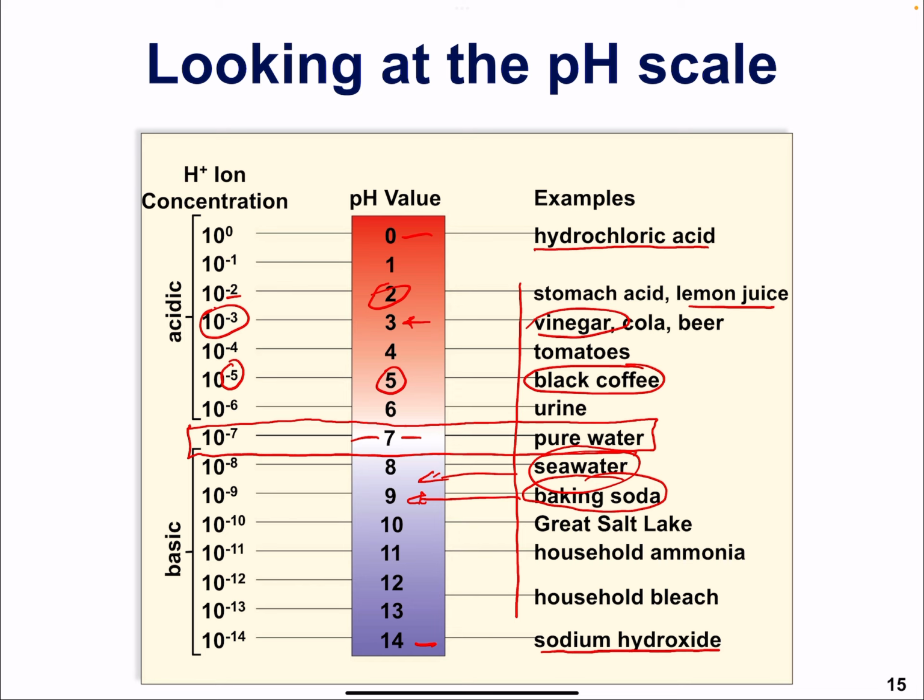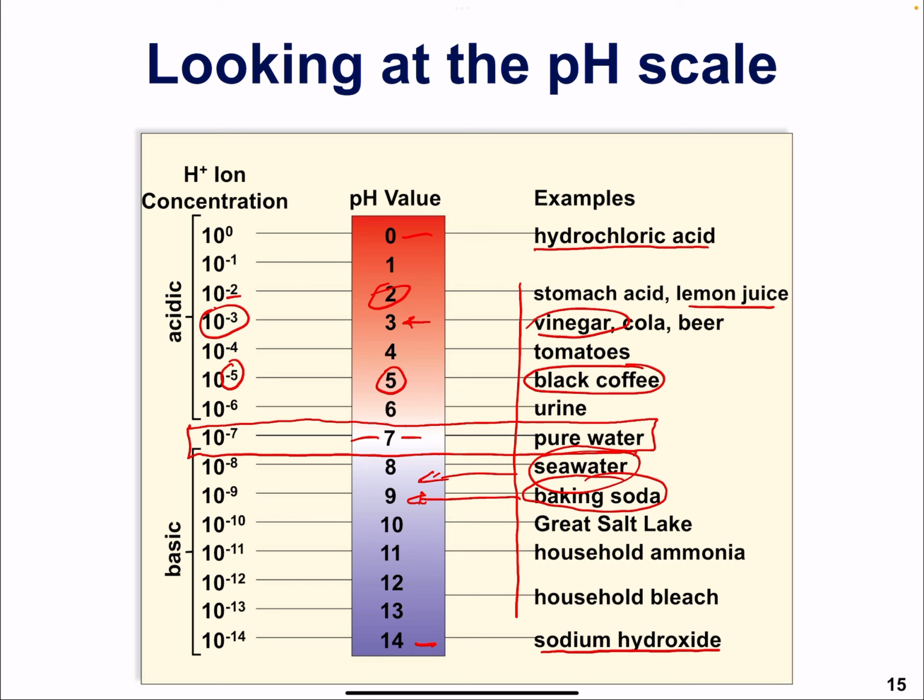Now, pH is going to be very important in living systems because our body has many chemical reactions that need to run, and these chemical reactions work in an optimal environment.